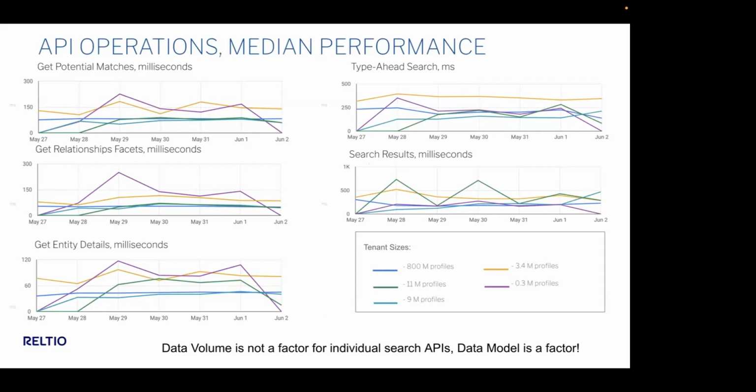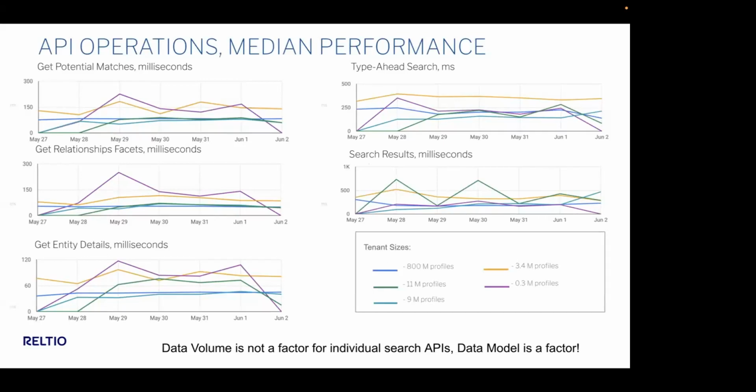For example, on May 28th, a tenant of just 0.3 million profiles, a small tenant, was performing slower than the tenant with 800 million profiles for type-ahead search. That is because the data factors were different there.